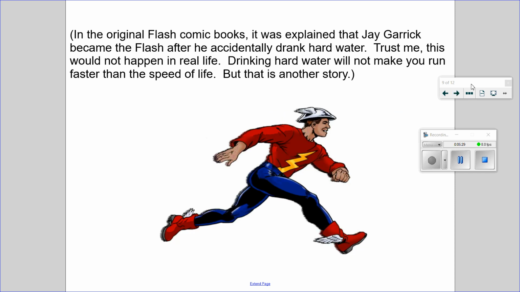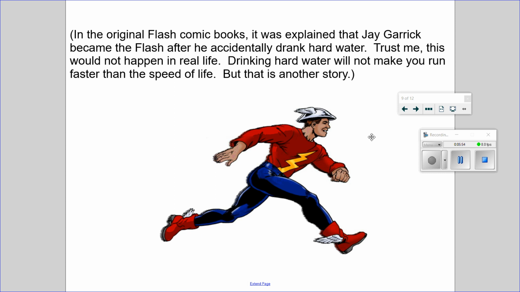I'm going to actually test you guys on this in tomorrow's lesson. I'm going to see how many of you remember J. Garrick's origin. J. Garrick is the original Flash, introduced all the way back in 1940, and he doesn't have such a cool origin as the current Flash. He wasn't struck by lightning and doused with chemicals. Rather, J. Garrick was a young scientist working in a lab.